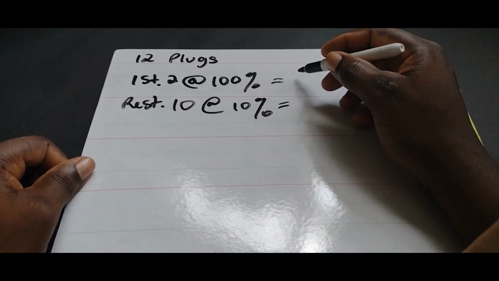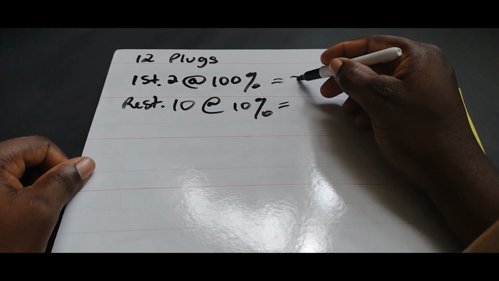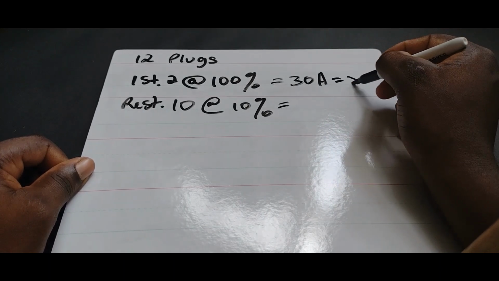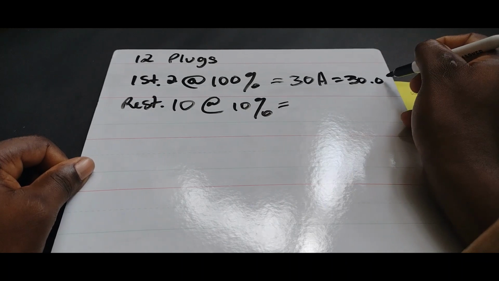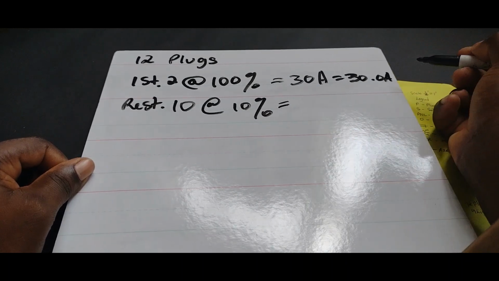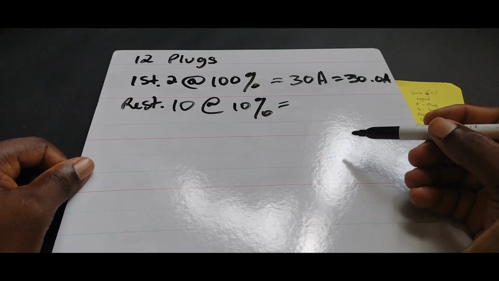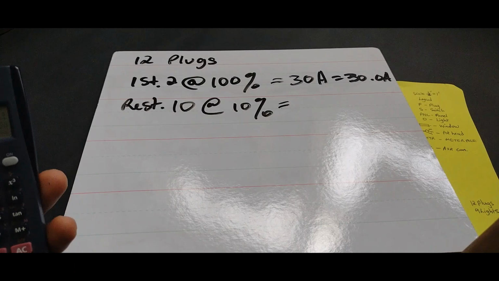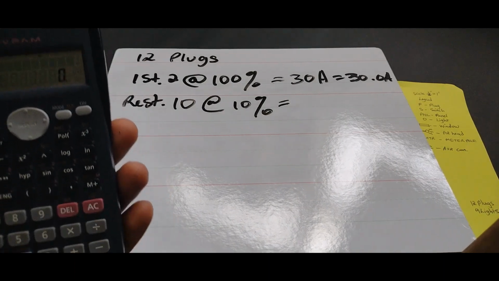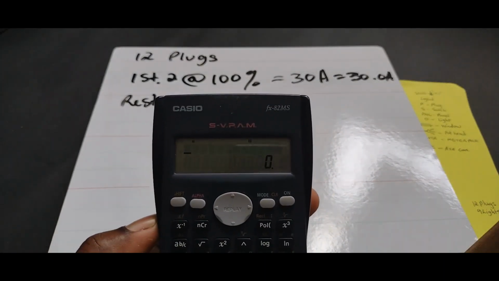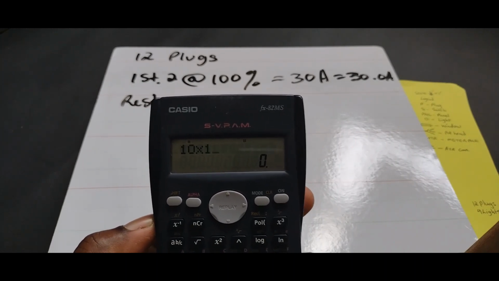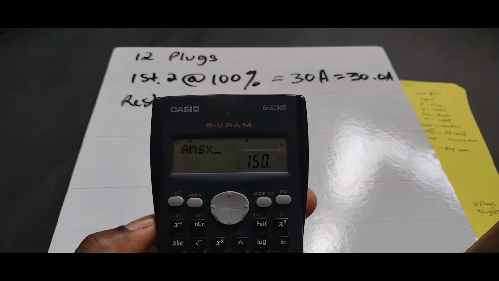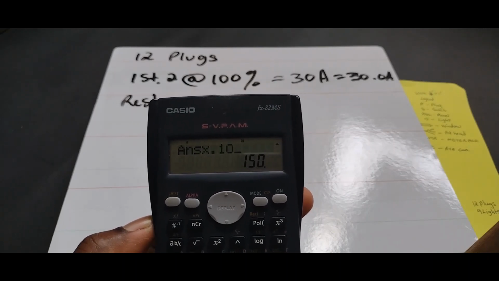So multiply that by 2, we get 30 amps. And the rest, which is 10 at 10%, that is 10 times 15 equals 150 times 0.10.